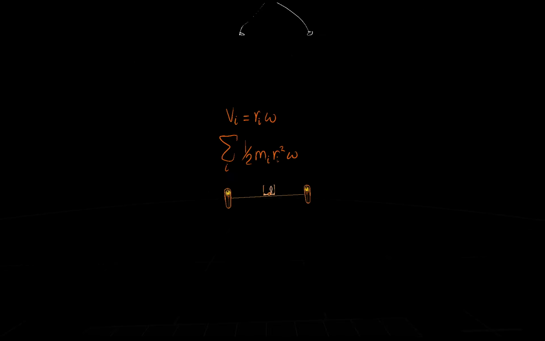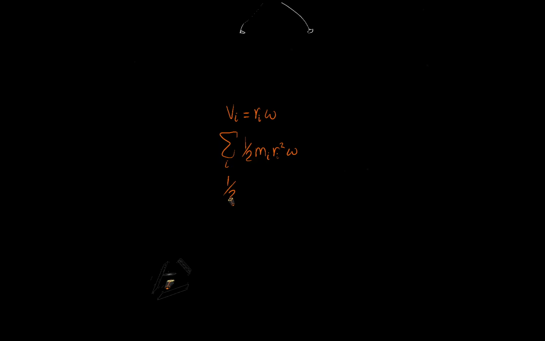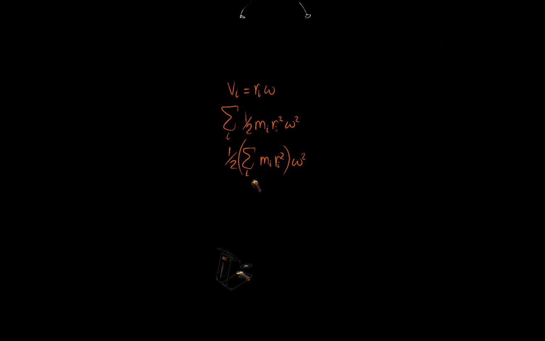And we can bring the 1/2 out, leaving the sum of m_i r_i squared. The summation in the parentheses is what we call the moment of inertia.